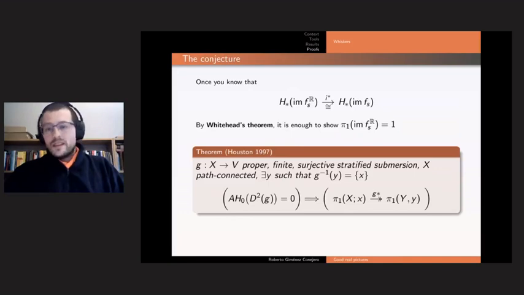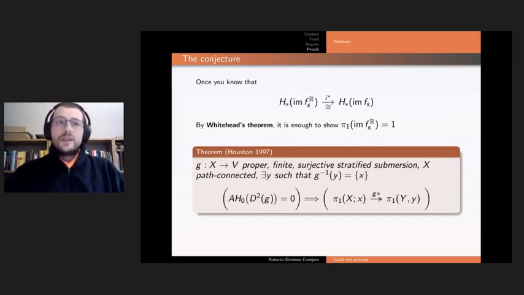If you have a map, this is just a topological map. This is not complex or anything. If you have a map that is proper, it is finite, and it is a surjective stratified submersion, all this happens in our case.